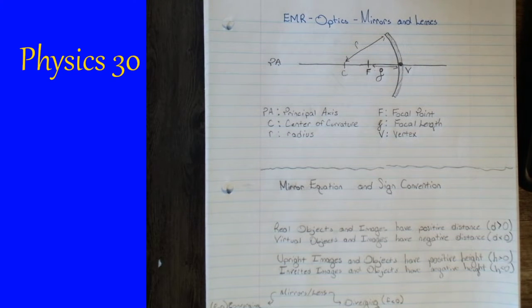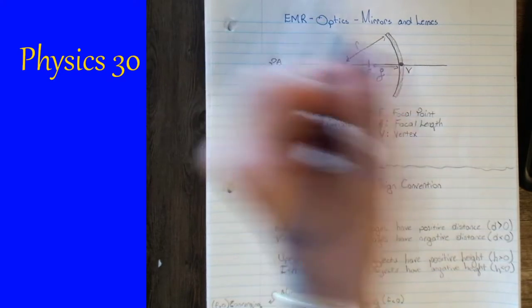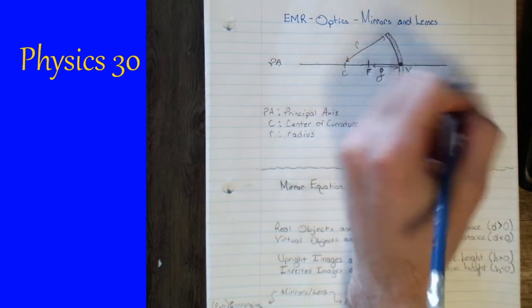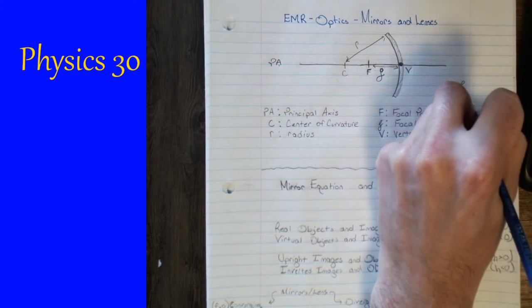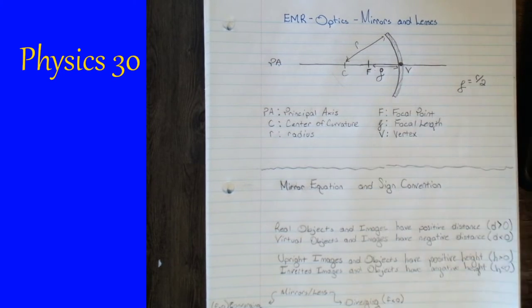Okay, so that's quite a bit. Just talking a little further about this, we have one equation that we can already look at, and that's that F is equal to R divided by 2. So the radius divided by 2 will give us our focal length.